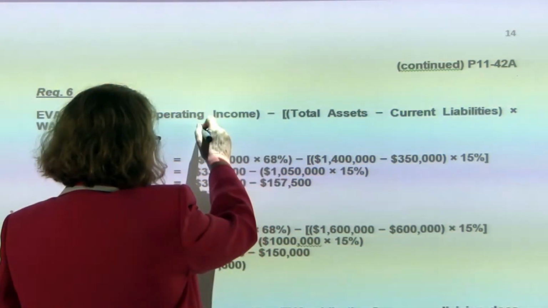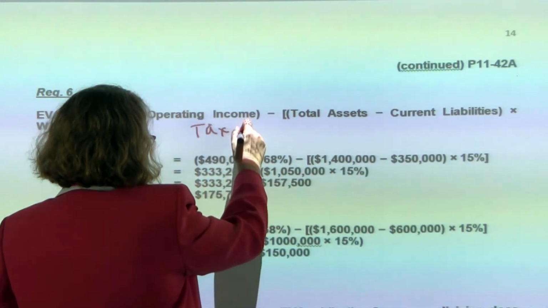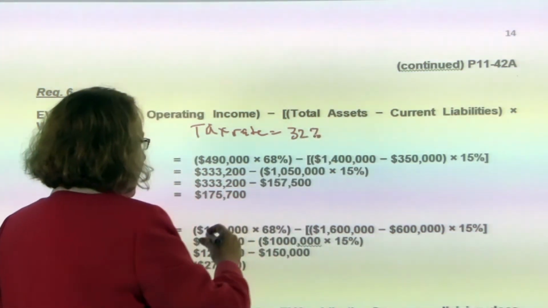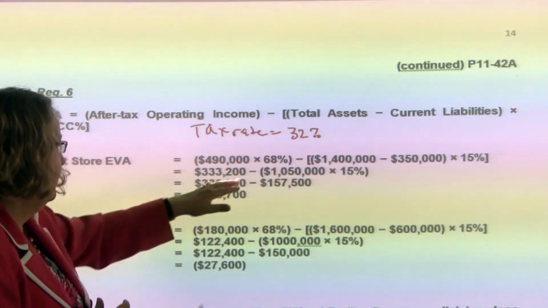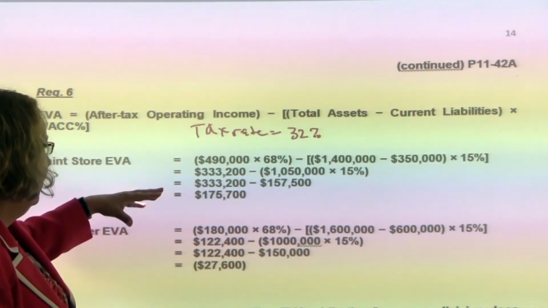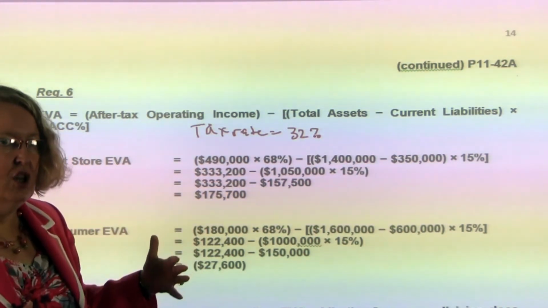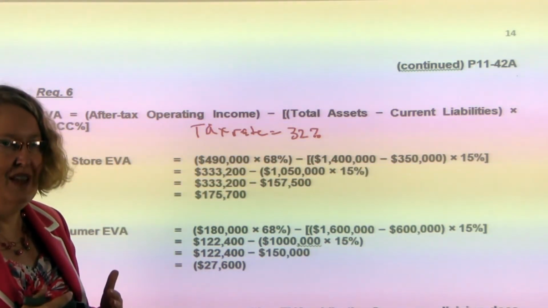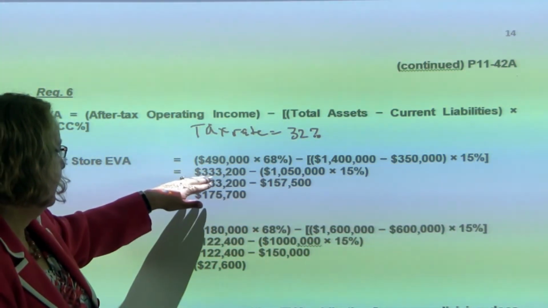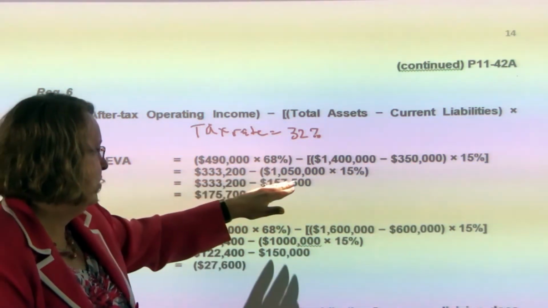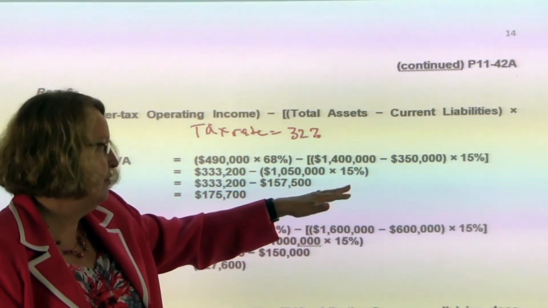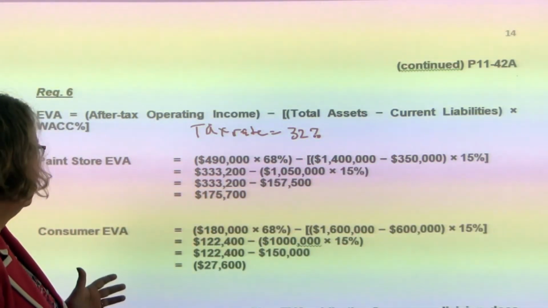So you have a tax rate you're given of 32%. Therefore, the after-tax rate is going to be the difference between the 32 and 100, so it's going to be 68%. So what this is telling you is that you can retain 68% of your income because the rest you're paying in taxes. So that will give you $333,200, and then you're going to take the difference between your total assets and current liabilities times your 15%, and that's the weighted average cost of capital.